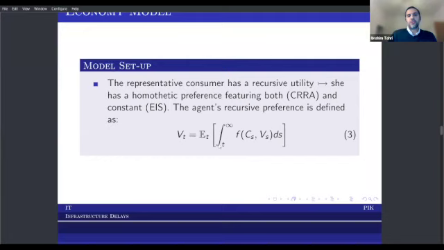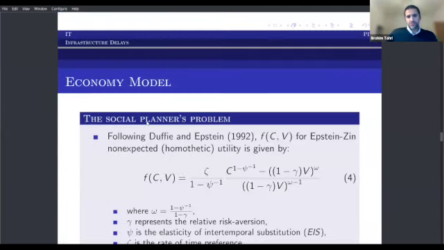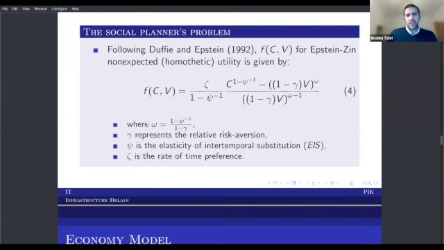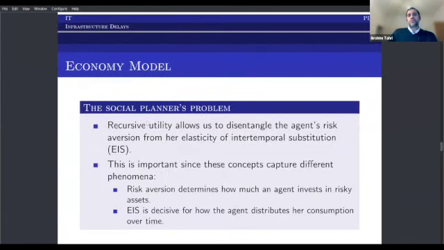For the representative consumer, I assume a recursive utility. Basically, she has a homothetic preference, featuring both constant relative risk aversion and constant elasticity of substitution. I'm using a recursive utility because it allows us to disentangle the agent's risk aversion from her elasticity of intertemporal substitution.